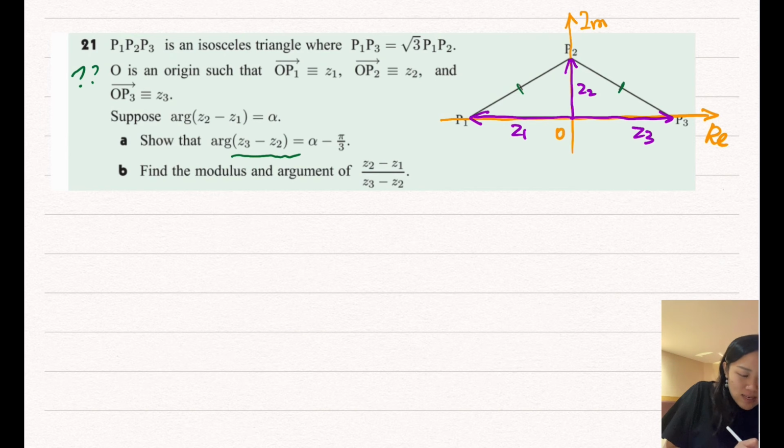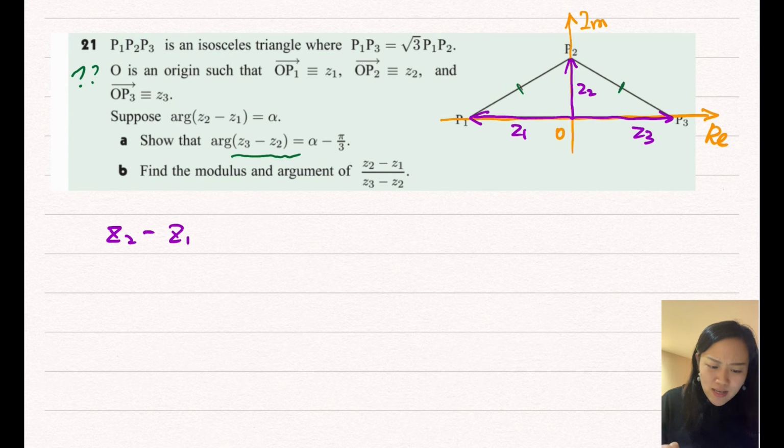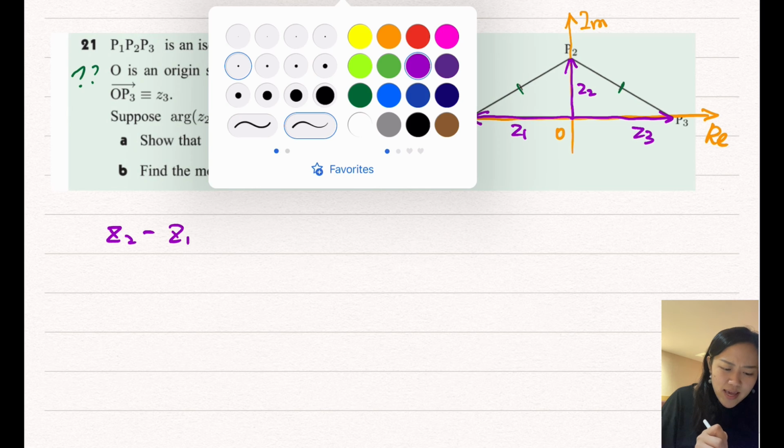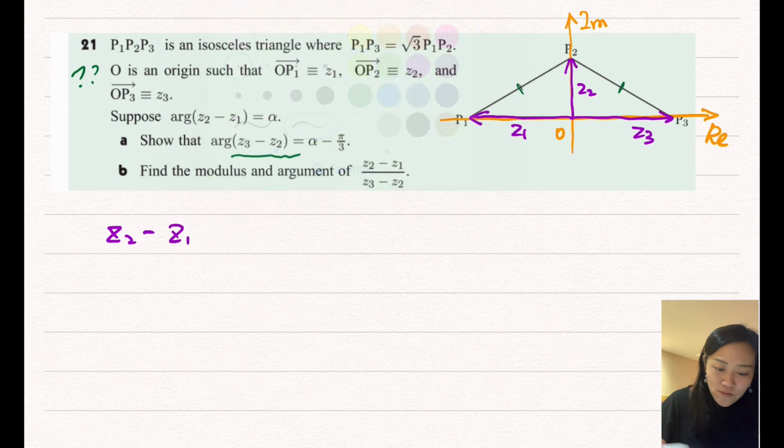Now, let's look at Z2 minus Z1. From what we know about the addition and subtraction of vectors, Z2 minus Z1 is, again, conveniently P1 towards P2, right?